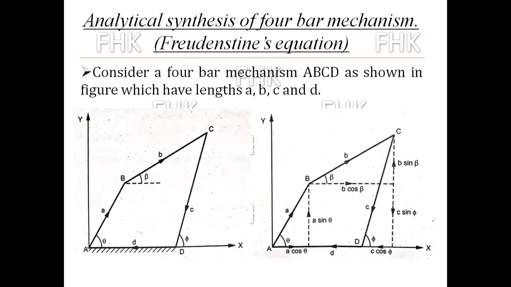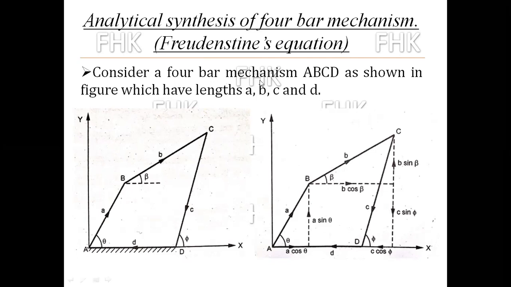Remember, in the previous session we studied the Chebyshev spacing method to find out the precision points, and Freudenstein's equation is used to find out the length of linkages in a four-bar mechanism.